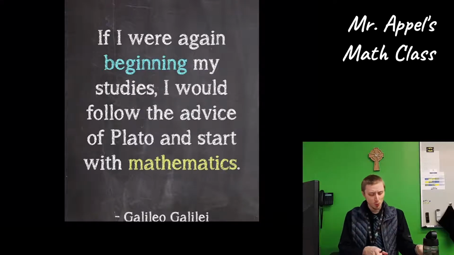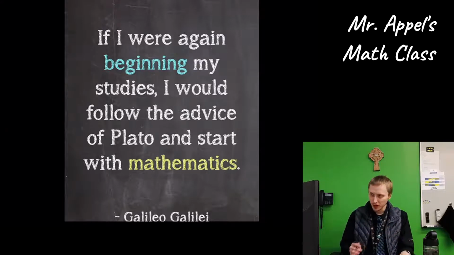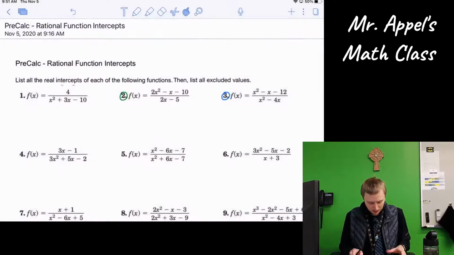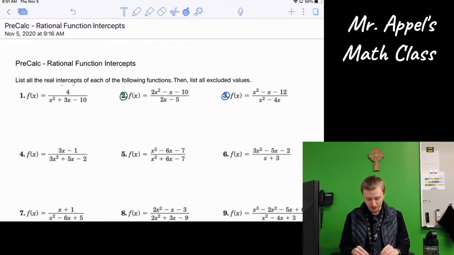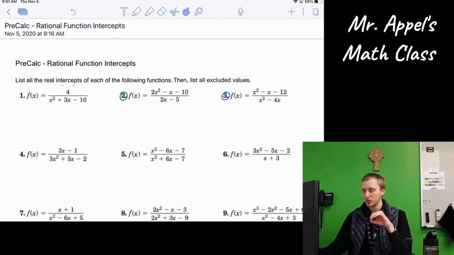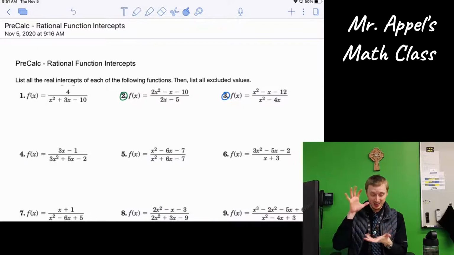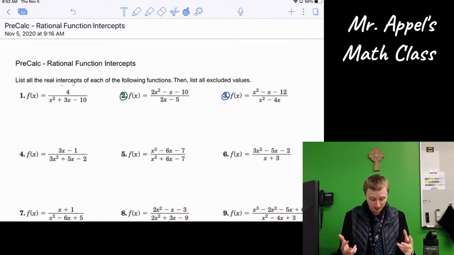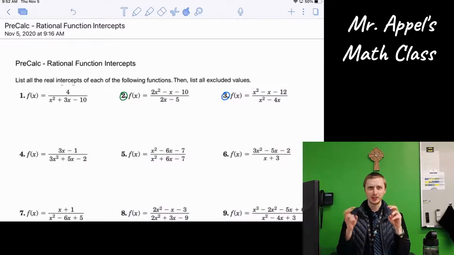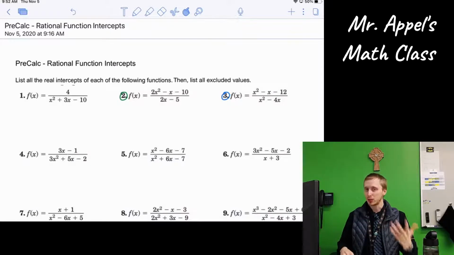And so what we're going to look at today, continuing with the rational functions, is I've created this list of functions. And I think for today and then next week, we will keep working on this same list of functions, but we'll iterate over them for each step of the solving and graphing a rational function process.